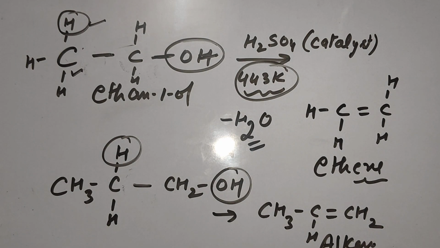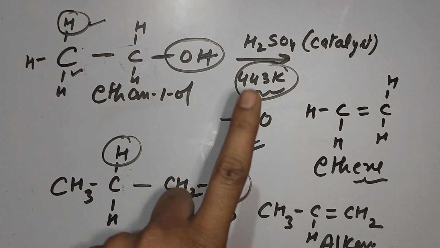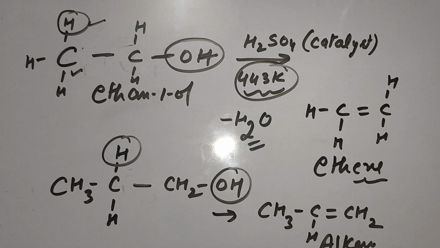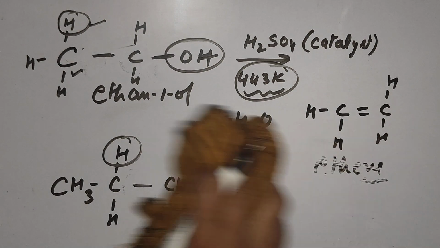Alkene will be generated. So this is the trick to do dehydration of alcohol at the temperature of 433 Kelvin to 443 Kelvin. Now let's check the mechanism part.